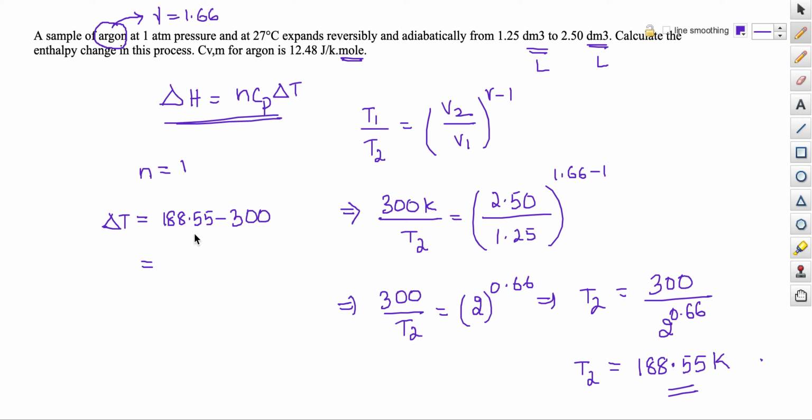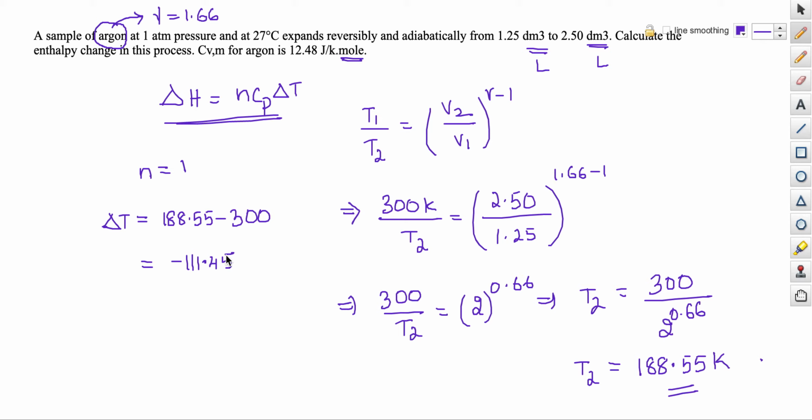Therefore, what do you get here? 188.5 minus 300. That's going to be negative 111.45. Okay.